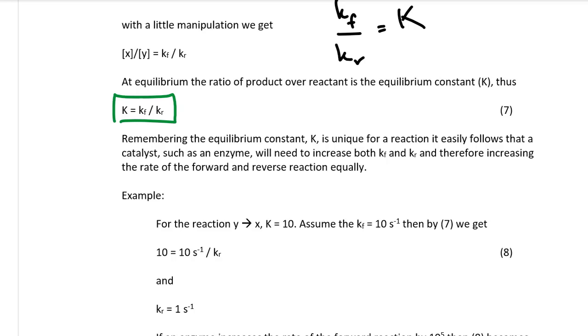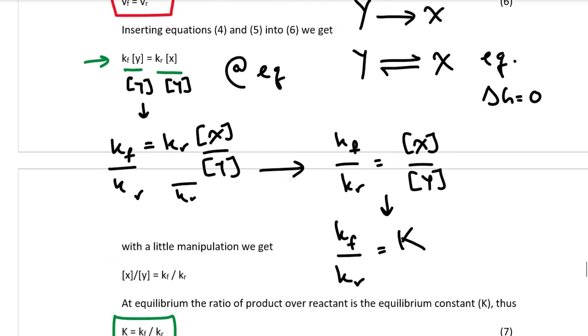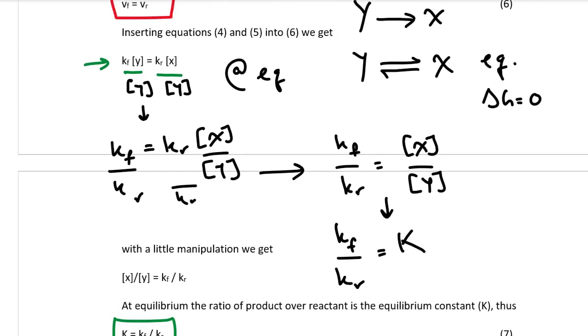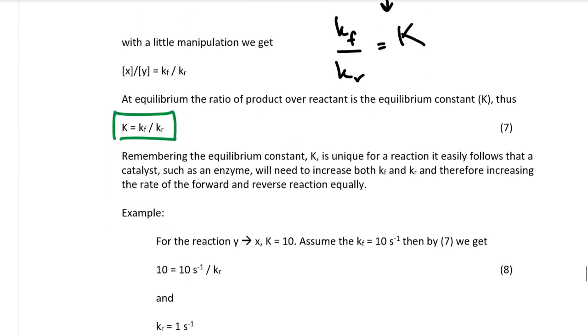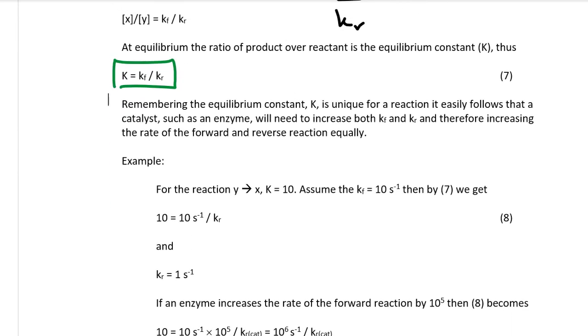So when we're looking at this equation up here, right? Actually, let me write it down right over here. So we have Vf equals little k, the rate constant for the forward reaction, times the concentration of reactant.